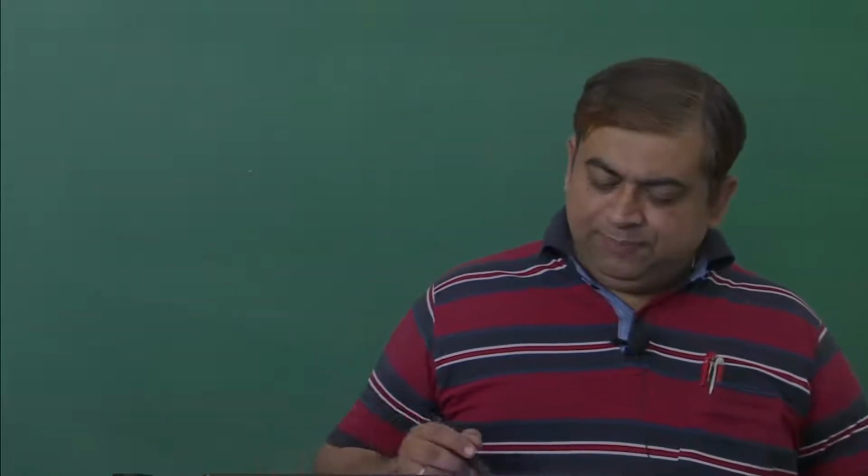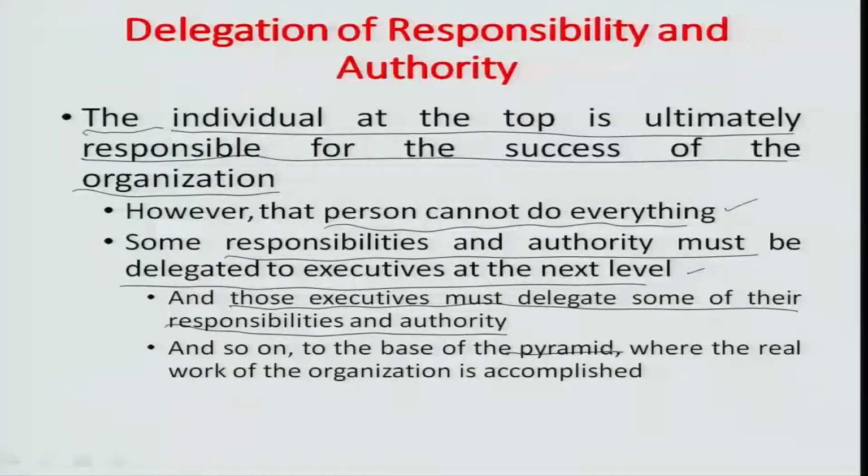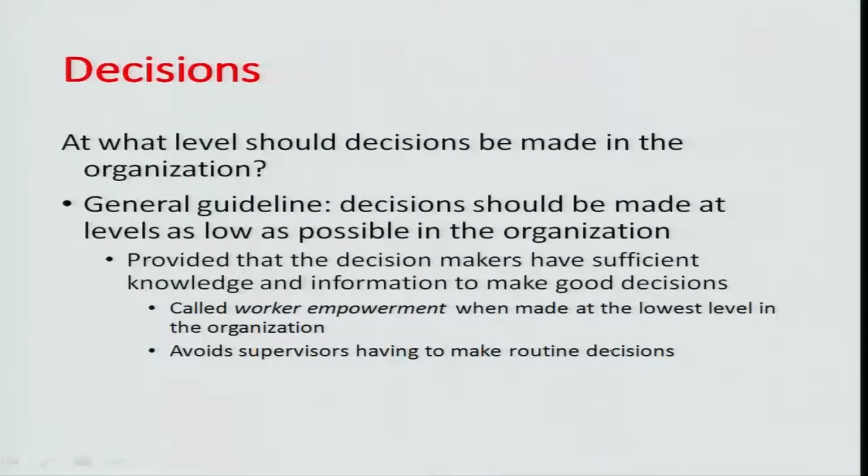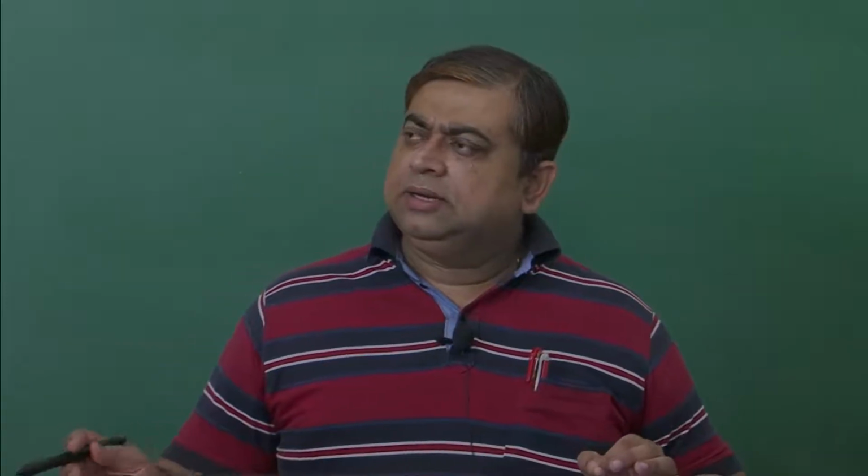So, typically such pyramidal structures are very commonplace, starting top down from the head of the organization to the smallest level of task accomplishment which happens for the running of an organization.